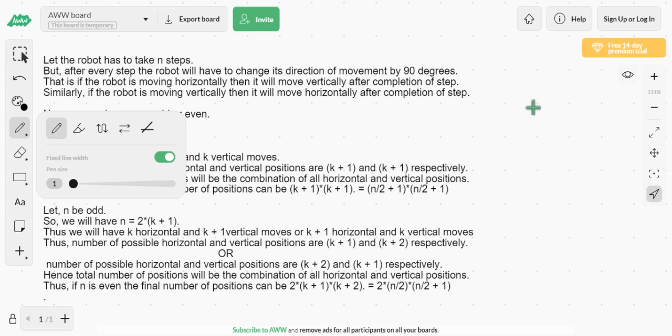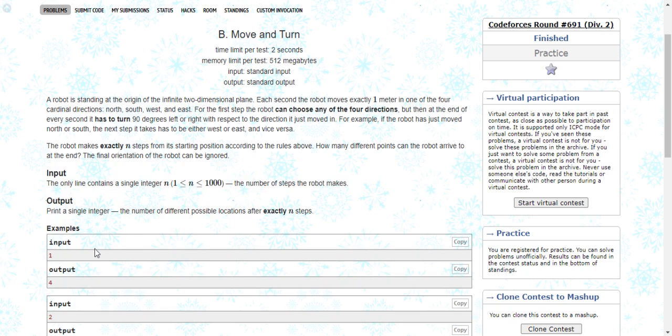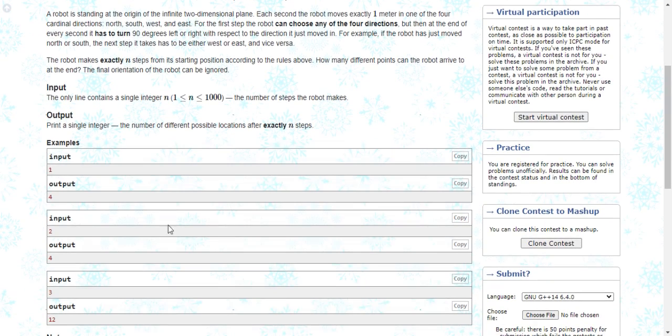At the time of the contest, I first looked for a pattern. For n equal to 1, the total number of possible locations was 4. For n equal to 2 it was also 4. For n equal to 3 it was 12.